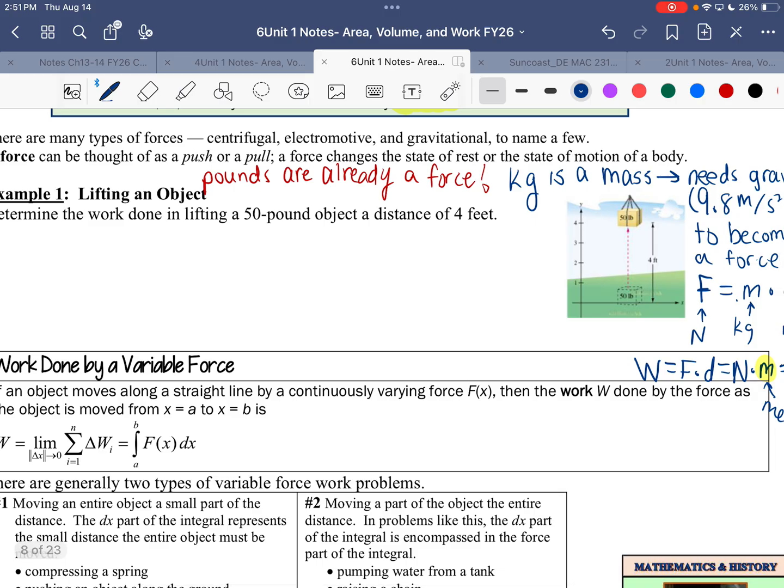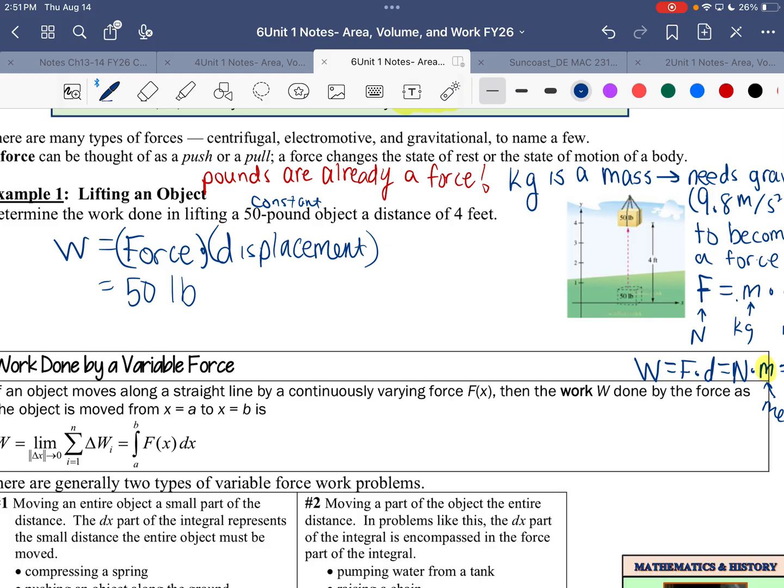So we're just doing the work of lifting something and moving it a distance. This force is constant. Work is force times displacement, or distance, but I like displacement. The force is 50 pounds, and we've displaced it 4 feet.